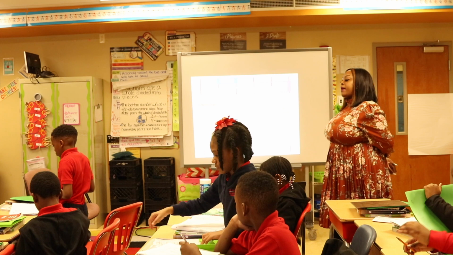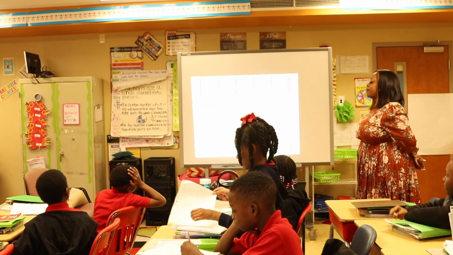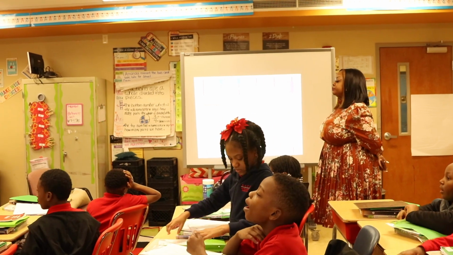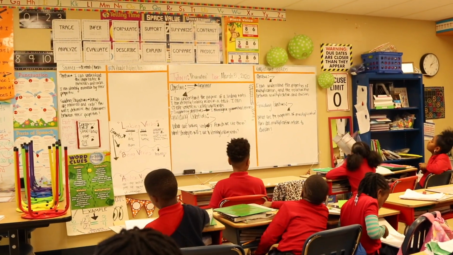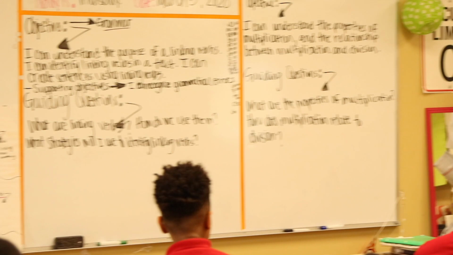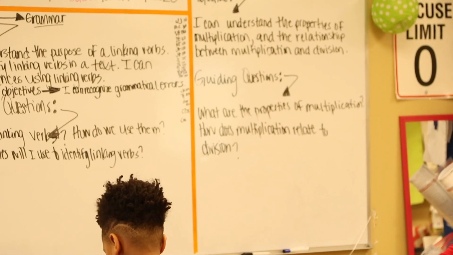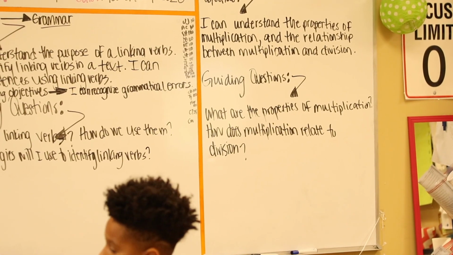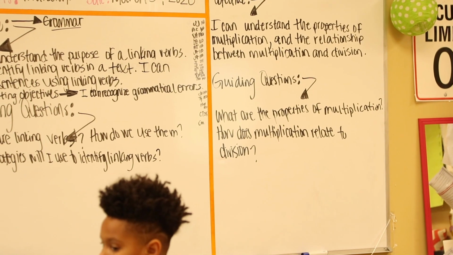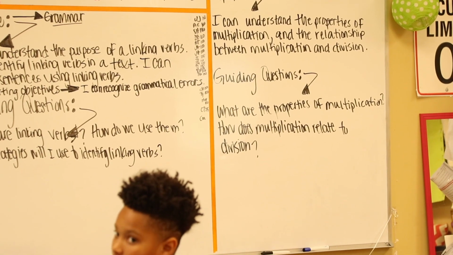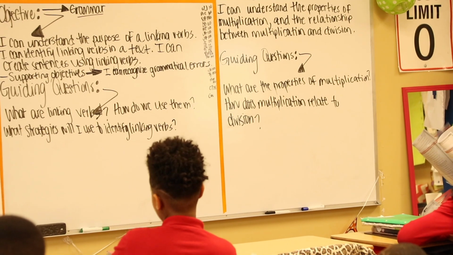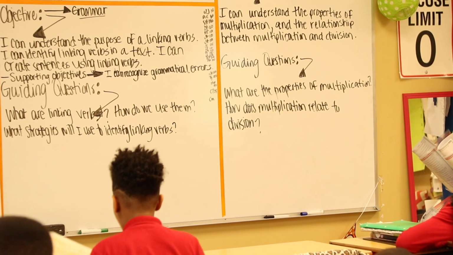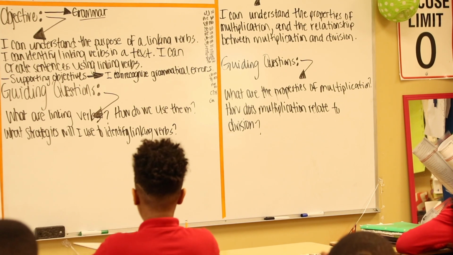Slant. All right, let's go to the math objective. What are we learning today? Checking the whiteboard. Tell me: I can understand the properties of multiplication and the relationship between multiplication and division.